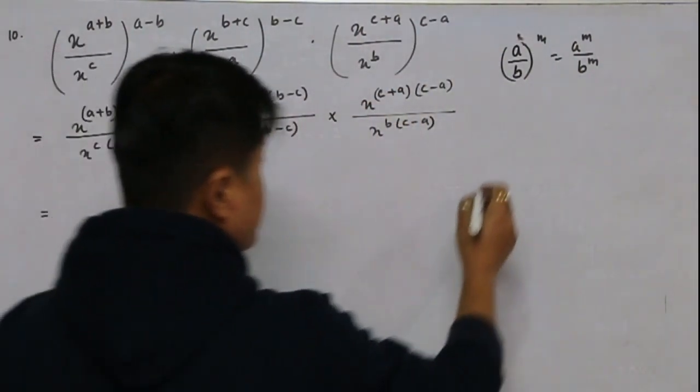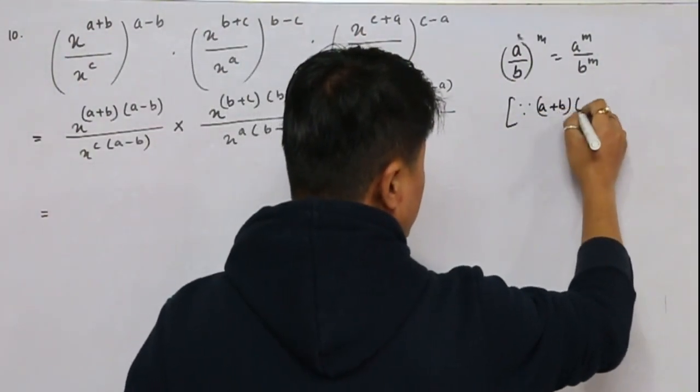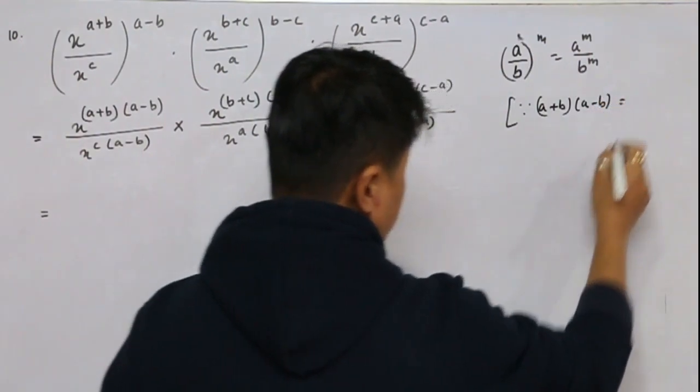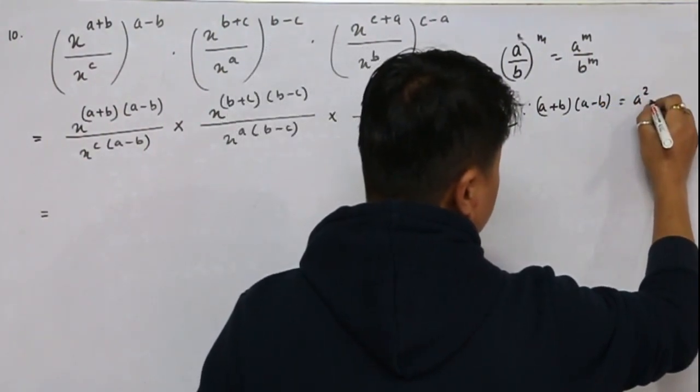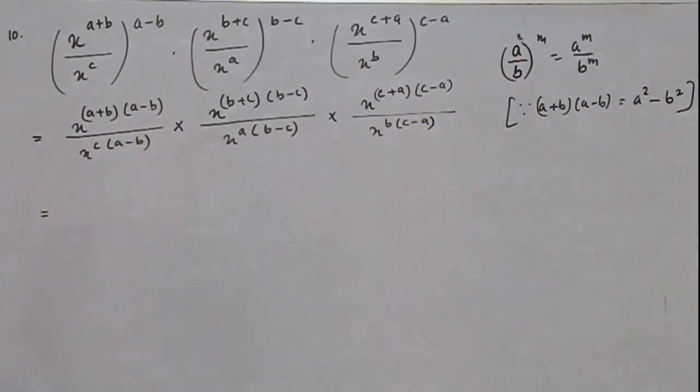So we know that a plus b into a minus b is equal to a square minus b square. This is the product formula of a square minus b square.